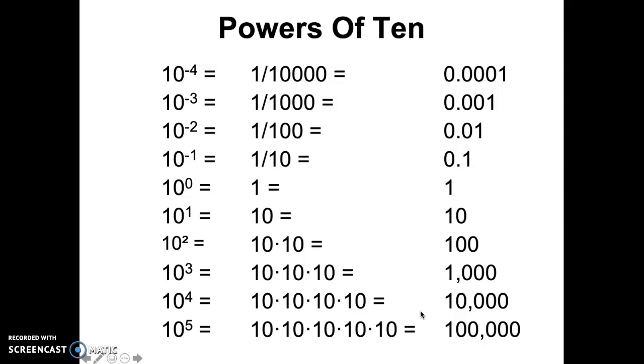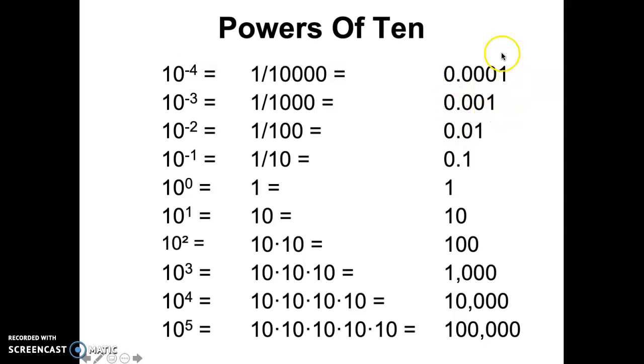Remember this? I know you've seen it like 3 times now. If the number being multiplied by a power of 10 has a positive exponent, you're talking really large numbers. If the exponent on your power of 10 is negative, you're talking really small numbers.